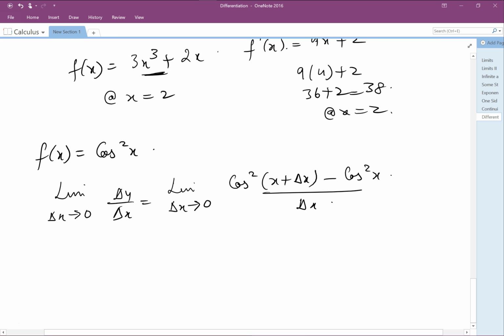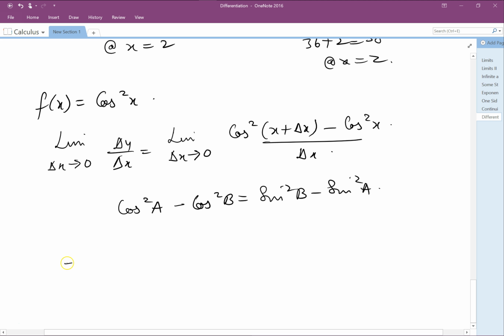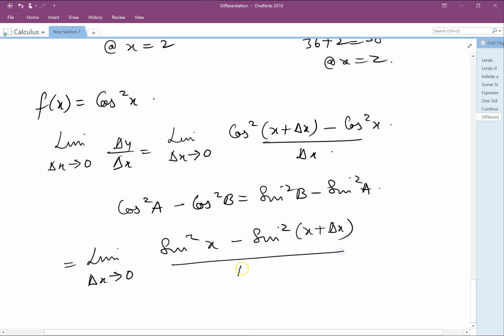Now remember, cos square a minus cos square b is nothing but sin square b minus sin square a. So which means our limit statement becomes limit as delta x approaches 0 of sin square b, that is x, minus sin square (x plus delta x), divided by delta x.